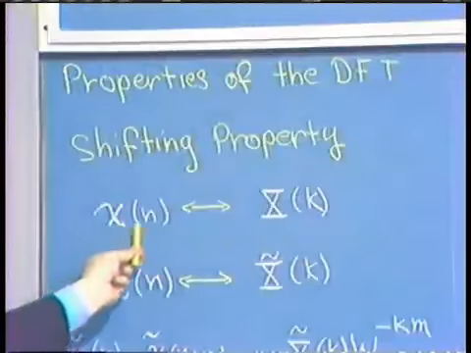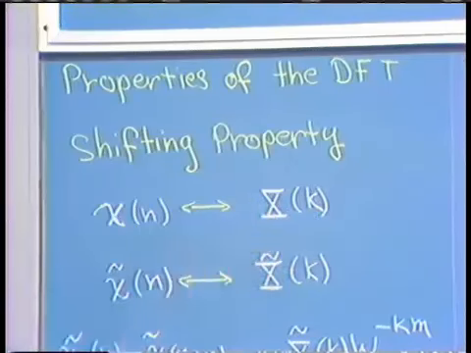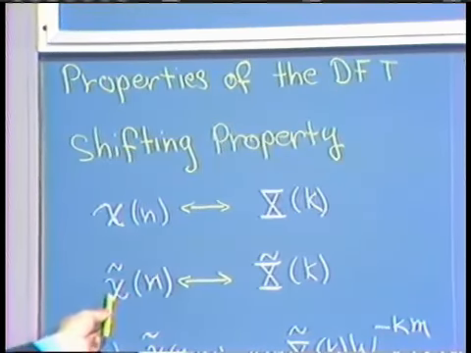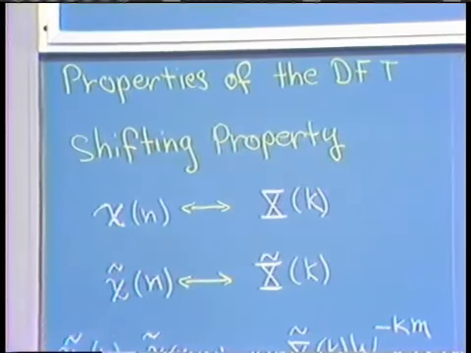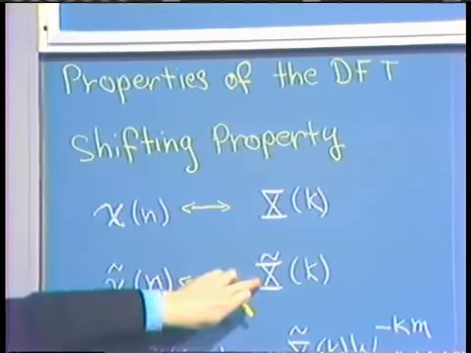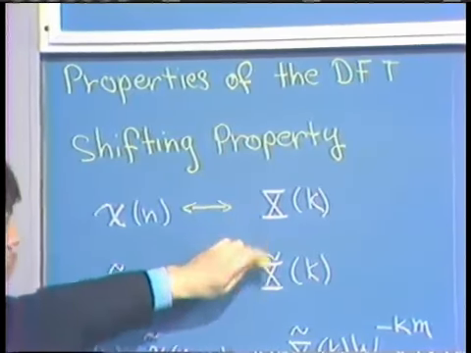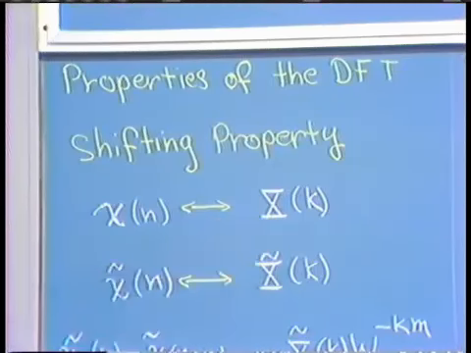We have a sequence x of n. It has a discrete Fourier transform, capital X of k. And then we have the periodic equivalent of x of n, x tilde of n. And it has discrete Fourier series coefficients, which are the periodic extension of the discrete Fourier transform.